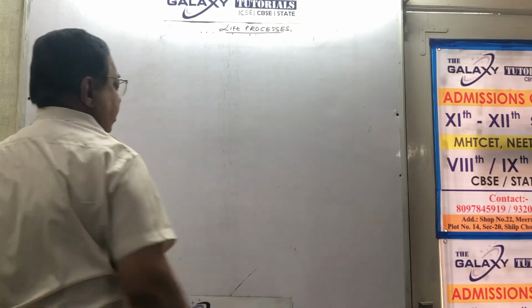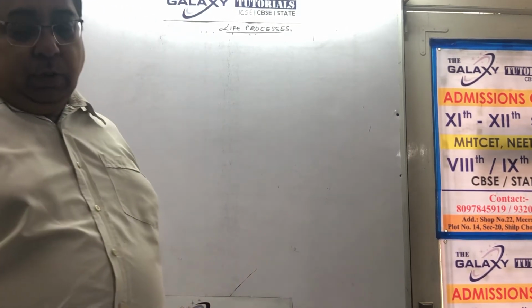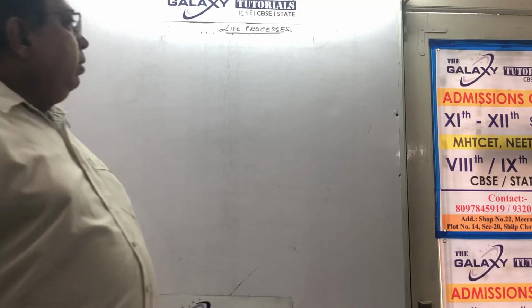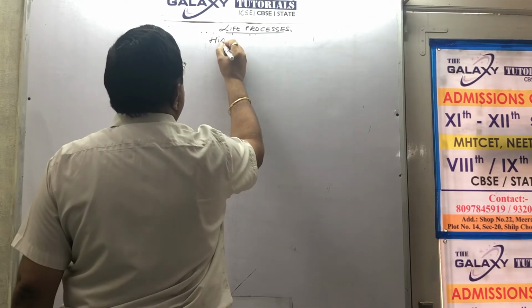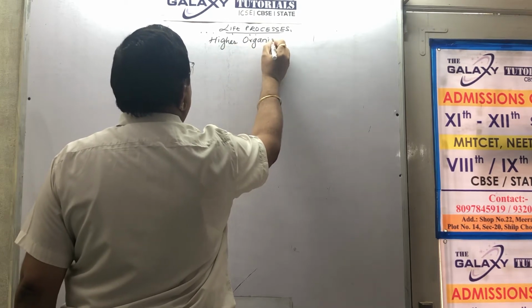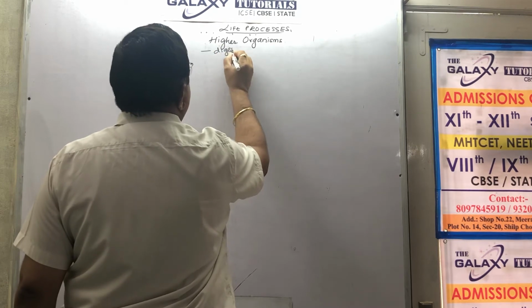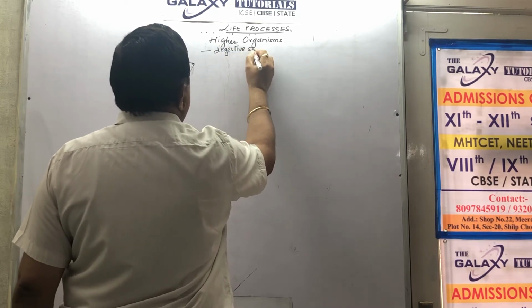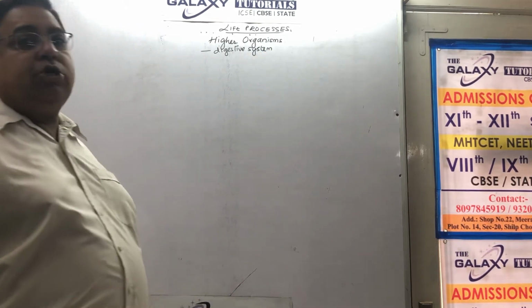How does it happen in higher organisms like man? So first we must see that higher organisms like man may have a digestive system in which there are many organs arranged in a sequence.